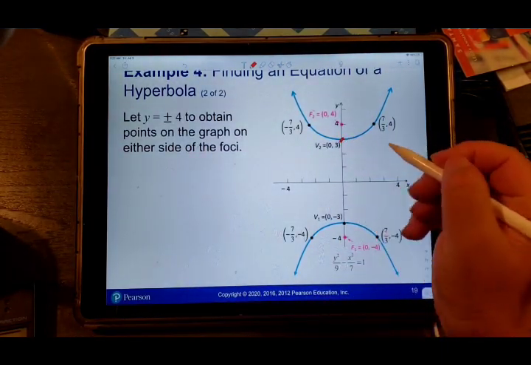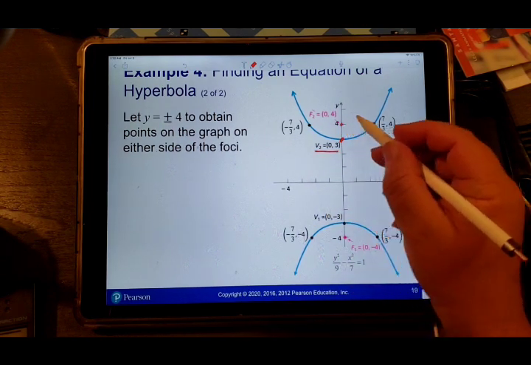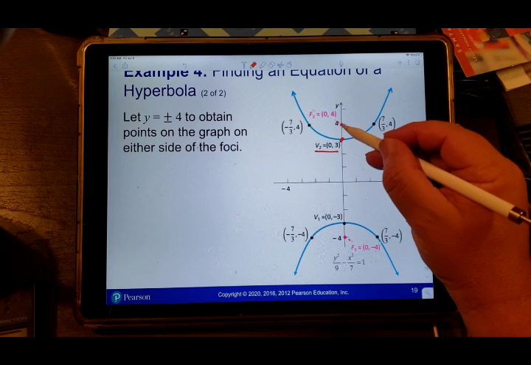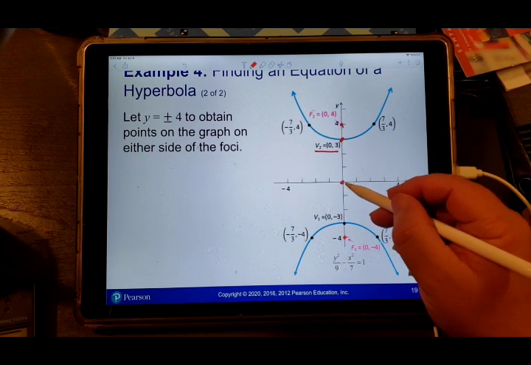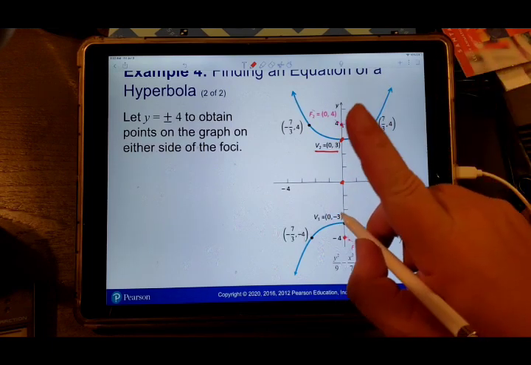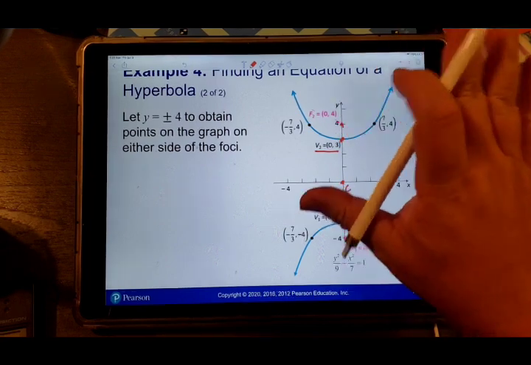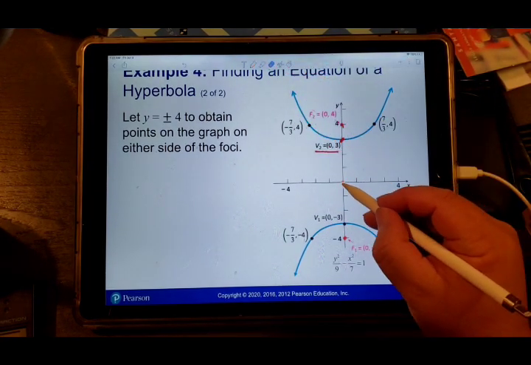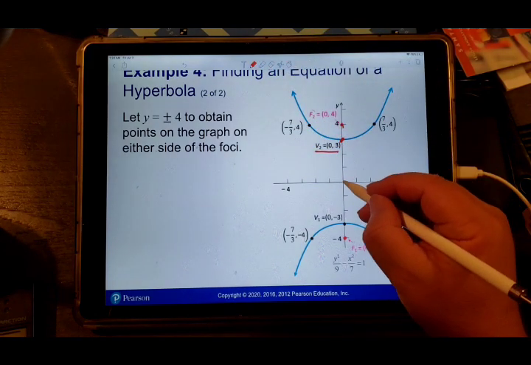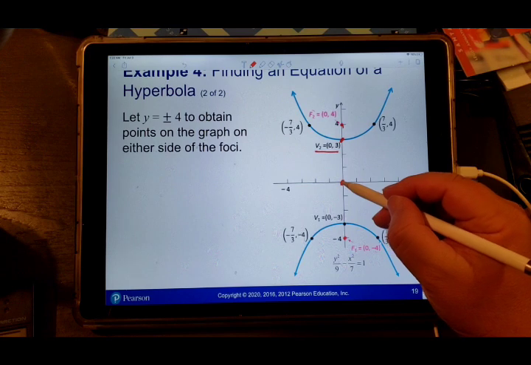So they gave us the vertex. This is the one they gave us. And then they gave us the foci. Now, that wasn't enough. They had to give us this focus and this focus because I needed to find the center, because we were going to talk about what happens when these aren't centered. So I shouldn't call it C because C is a measurement, but it's the center. You know what I'm talking about. And now that gives me some symmetry to work with.